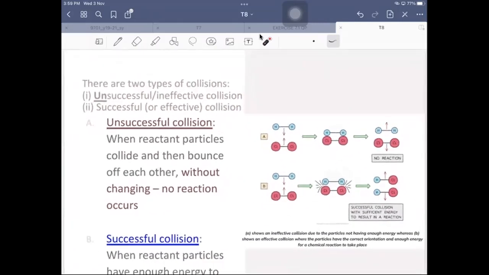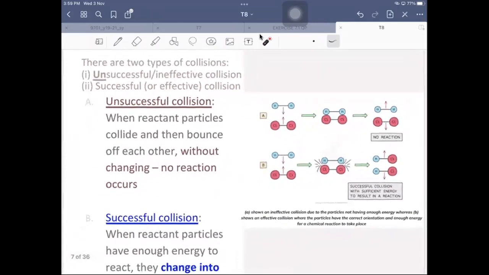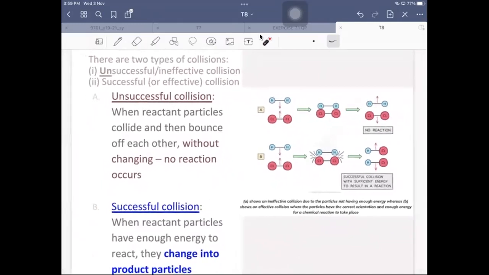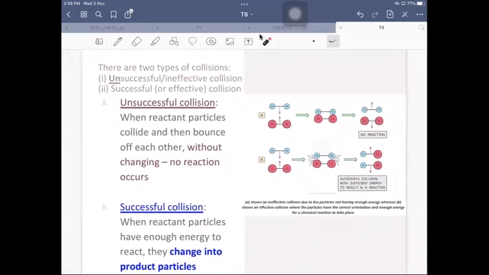Right, so what are the two types of collisions? We won't be talking much about the orientation, that is not mentioned in your syllabus, but we do want to focus on the types of collision. So in your learning objective, they use the word effective and non-effective. Okay, so I suggest you to stick to these two terms, using effective or non-effective collision.